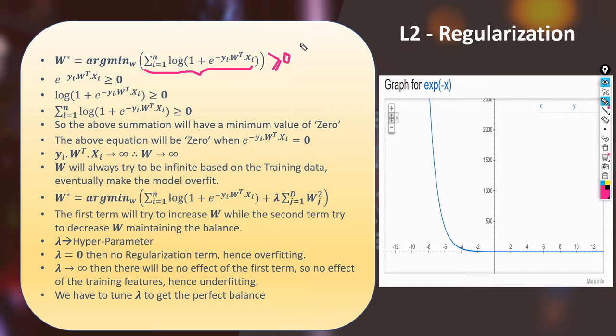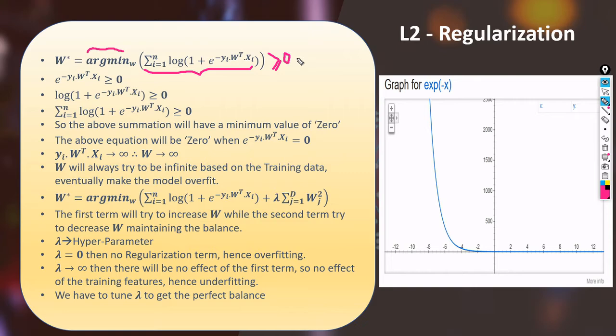Now, what is our optimization function trying to achieve? We have to find the argmin, that is, the minimum value of this whole function, for the W which achieves it. From this analysis, we can see that the minimum value is 0.